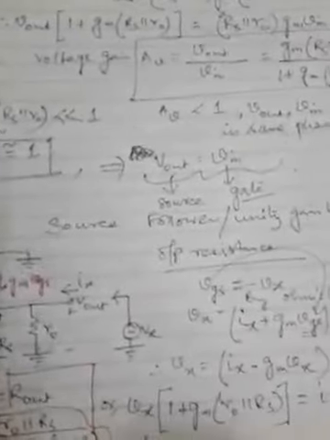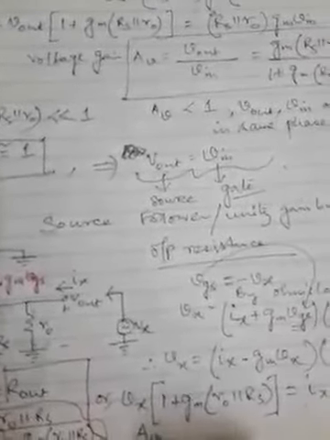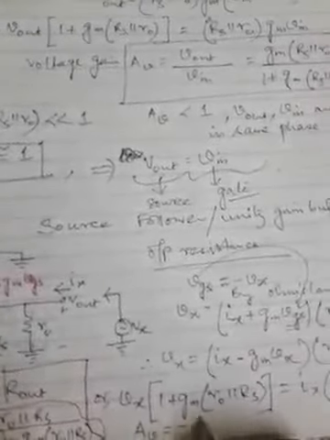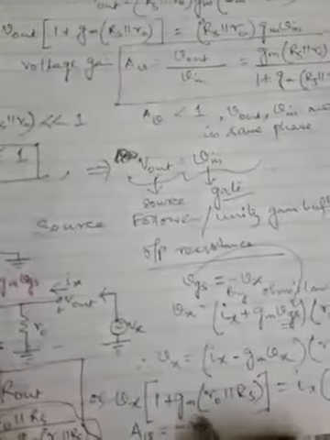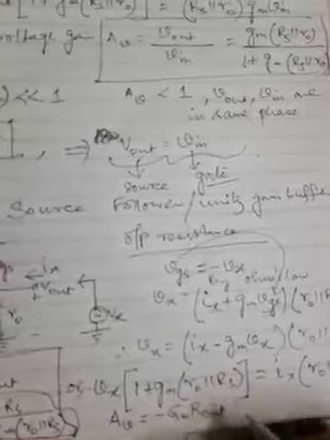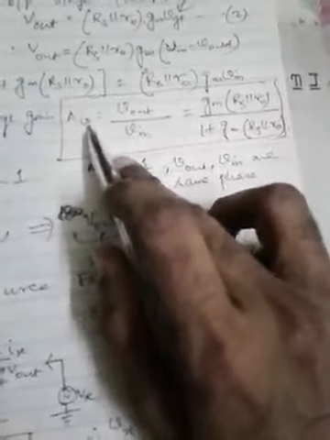So by comparing these two expressions, we can write AV is equal to minus capital Gm into Rout. That means if the expression for Rout is put in this expression, then capital Gm into Rout is equal to AV, and that gm is written here with a minus capital Gm.